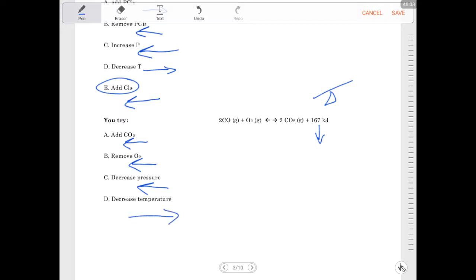It's going to shift toward that energy because we removed it. We made it lower. So think about temperature or that heat in terms of another reactant, and it's just like the same thing as concentration. Exothermic just means that your energy value is on the right. Endothermic would be over here on the left. All right, again, if you're confused with it, we can talk more about it tomorrow.